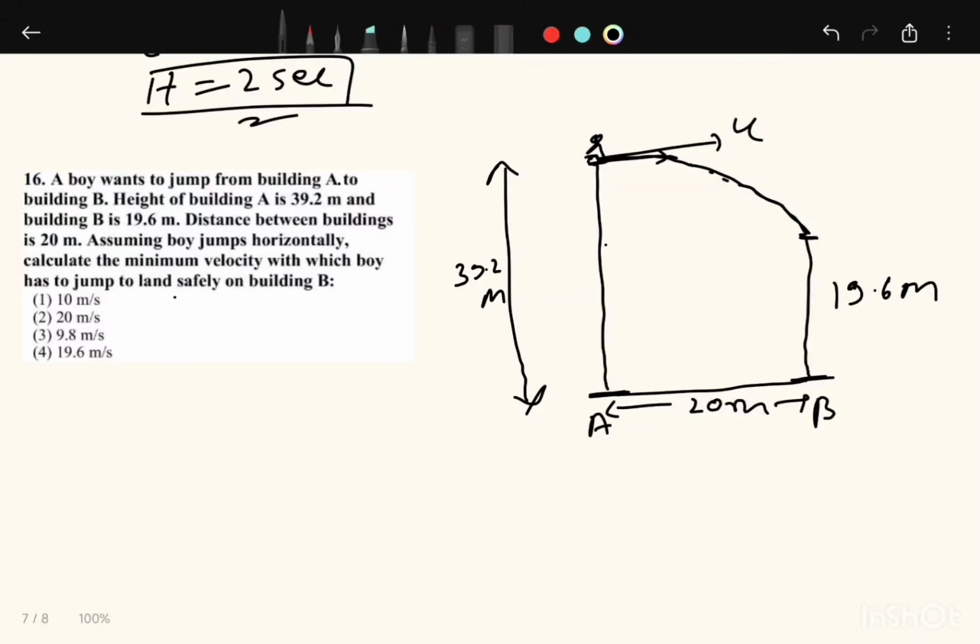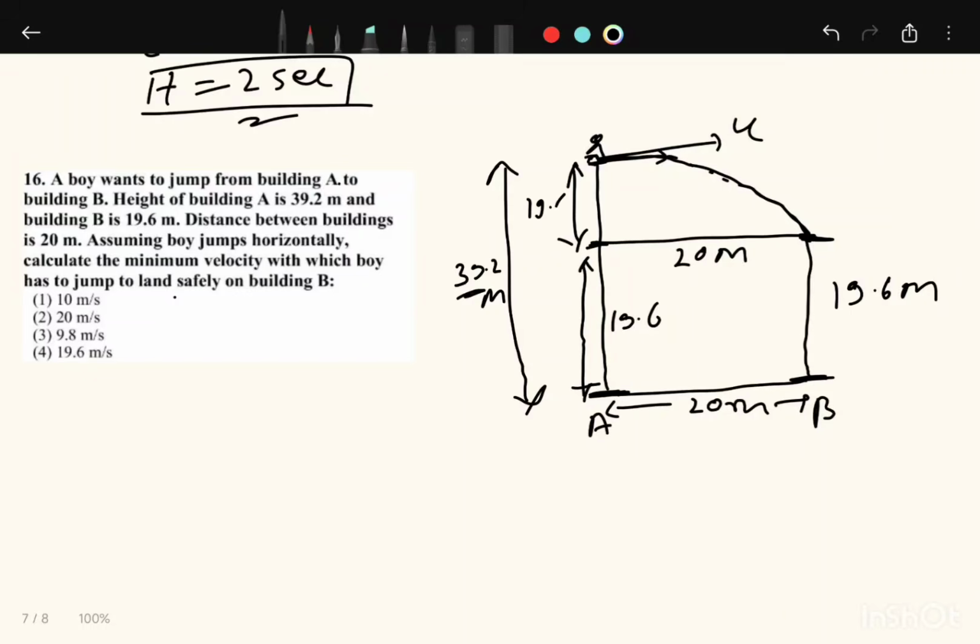So we know if it is 20 meter, this will also be 20 meter, right? And if this value is 19.6 meters, so this will also be 19.6, right? So if this total is 39.2, and this up to this is given to you, that is 19.6. So this value will also be equal to what?